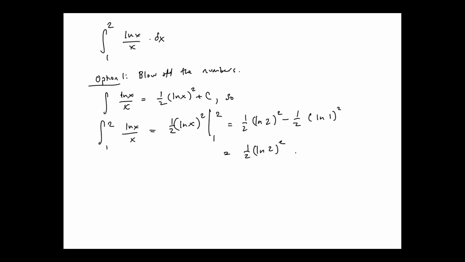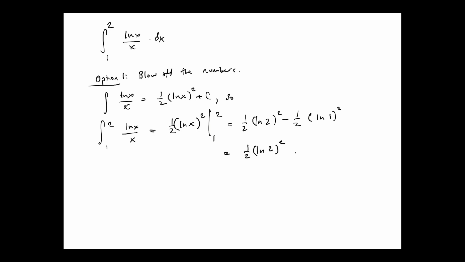What I'm trying to say is that if you've got a definite integral, you can just pretend it's an indefinite integral, go through, figure out the antiderivative, and then deal with the numbers at the end, right? That totally works.